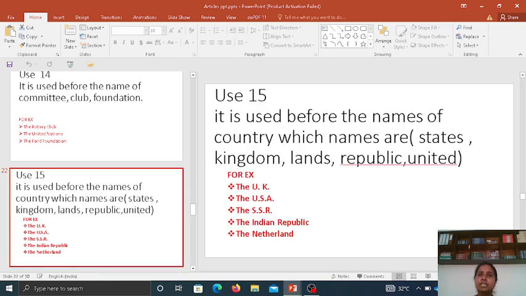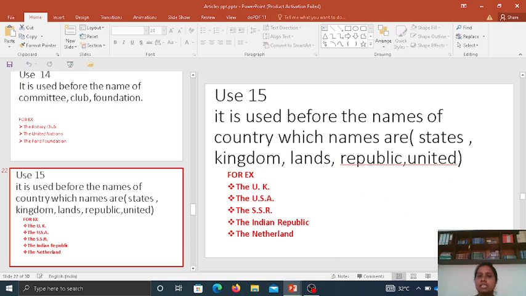It is used before the names of countries, whose names include states, kingdom, lands, republic, united. For examples, the UK. UK is the short form of United Kingdom. The USA, the United States of America.